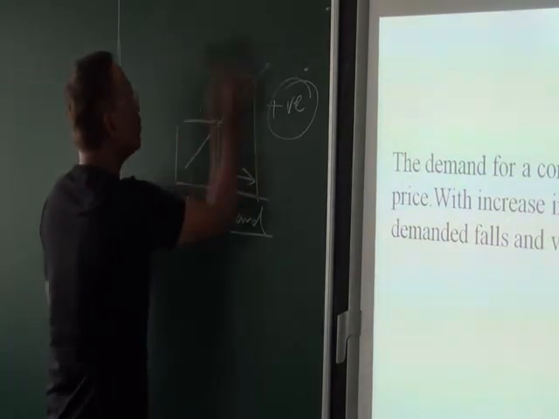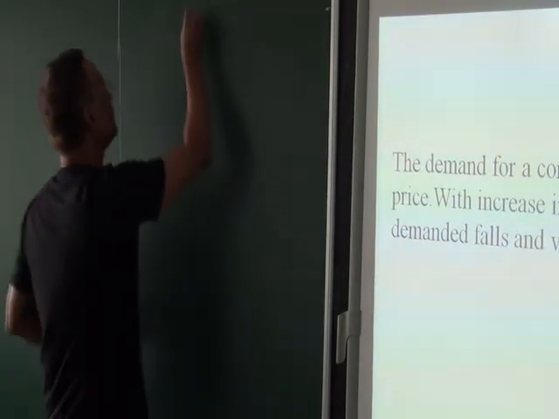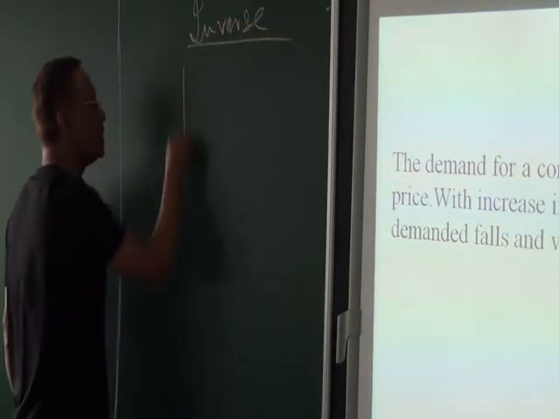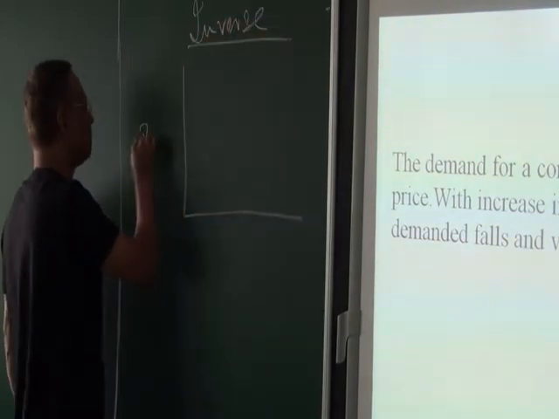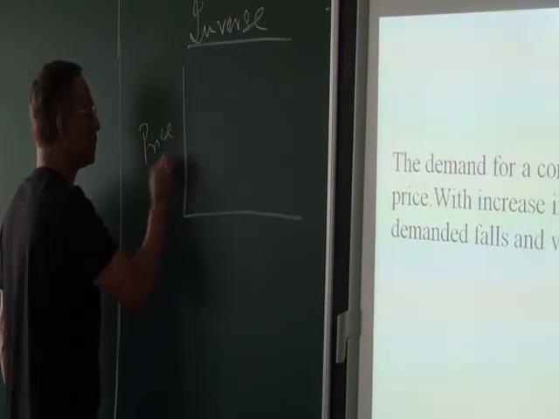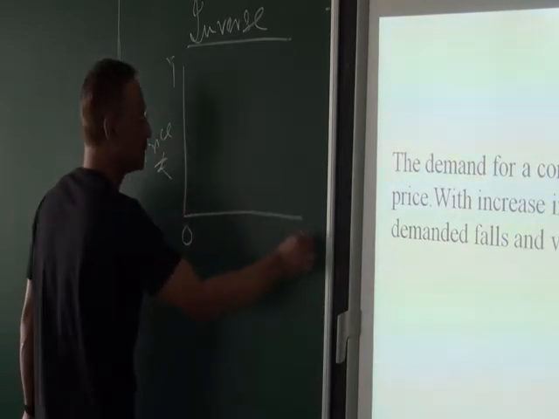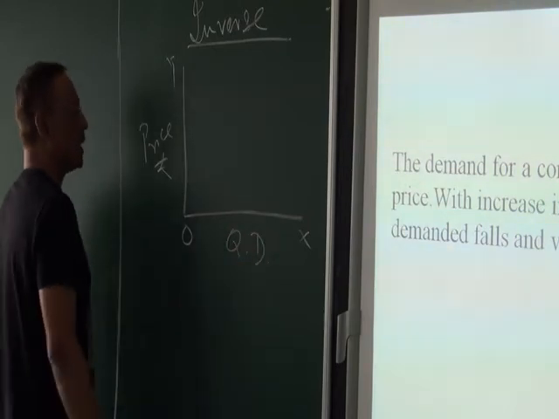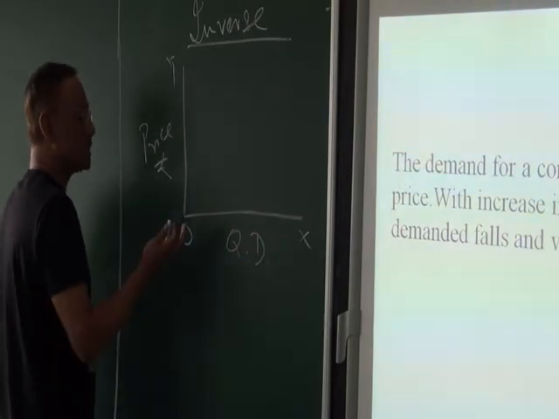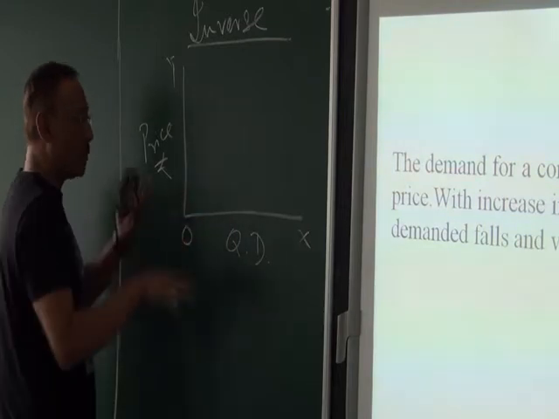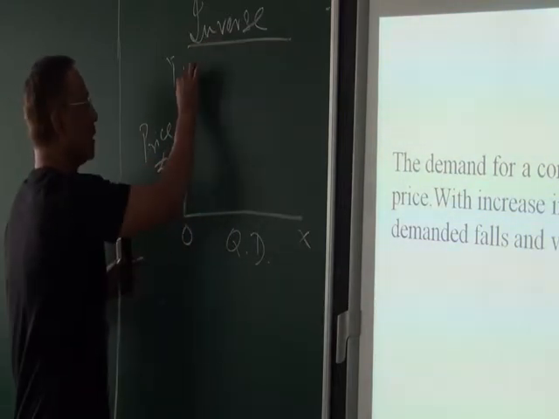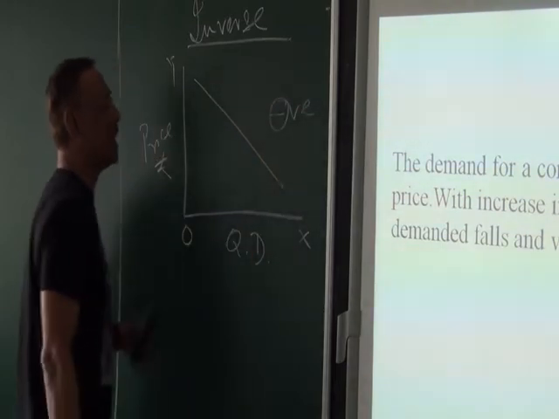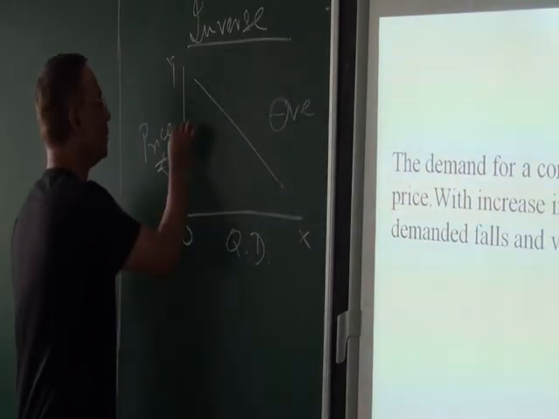Whereas, if you talk about inverse, inverse means just the opposite direction. For example, price in rupees and quantity demanded. Let us say when the price increases, quantity demanded decreases. Opposite, inverse, the graph will be like this. Negative sloping. You call it negative sloping. Let's have a look.